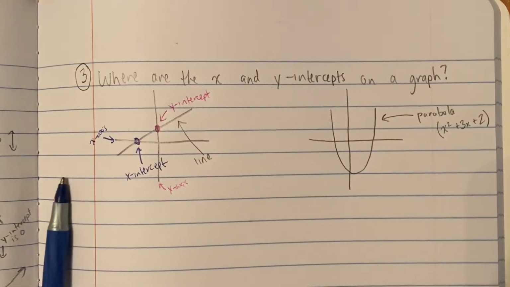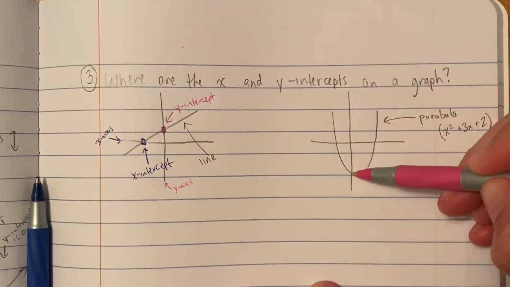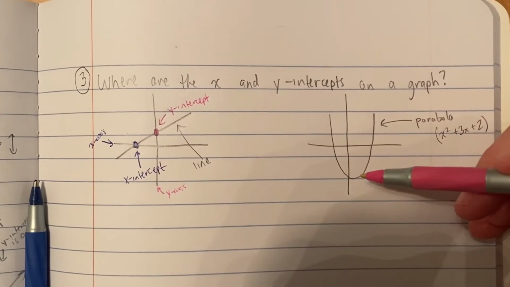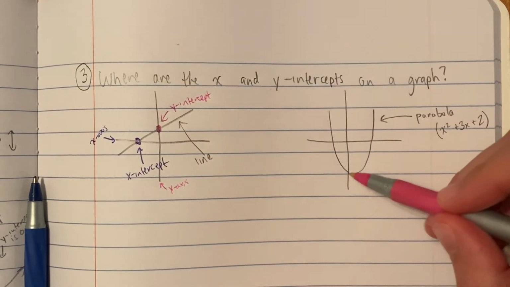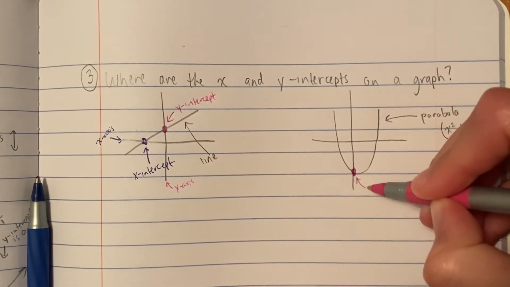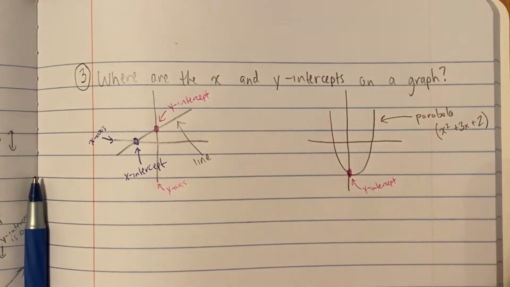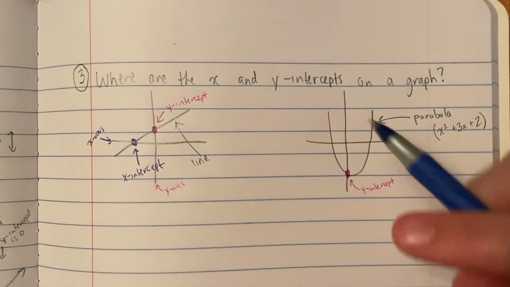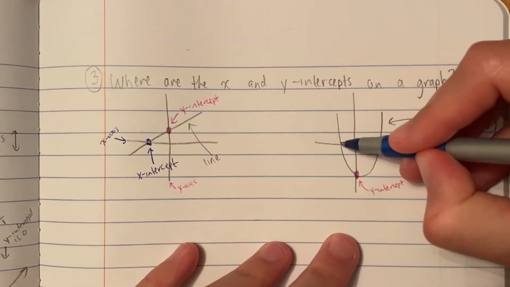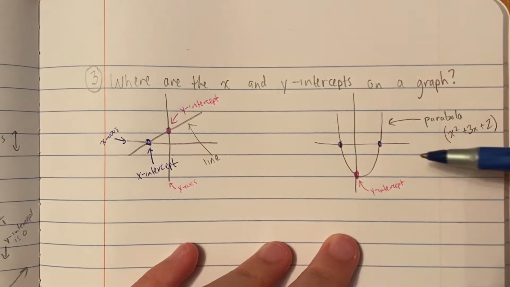Now, a parabola also has intercepts. Let's start with the y-intercept. Remember that this is the y-axis here. And so the y-intercept is the point where the parabola hits the y-axis. So this is the y-intercept. Now the thing is, there's actually two x-intercepts, because this parabola hits the x-axis here and here.